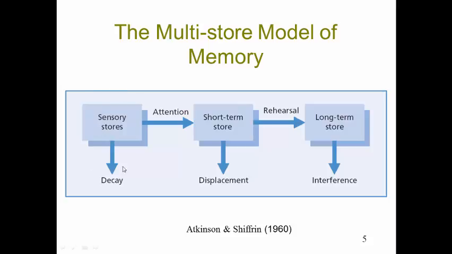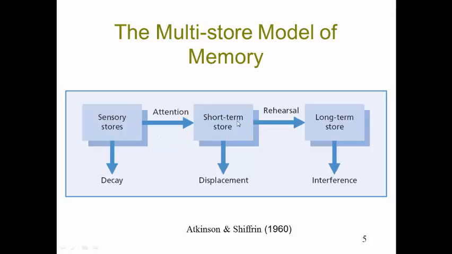The first stage that information reaches when it enters the system are the sensory stores, which retain information for a very brief period of time, depending on which sensory modality they belong to, so either visual or auditory or tactile information, for example. Information that is attended in the sensory stores may be transferred to the short-term memory store.